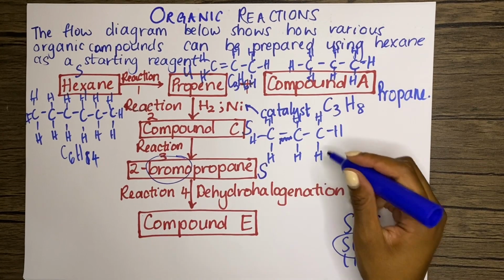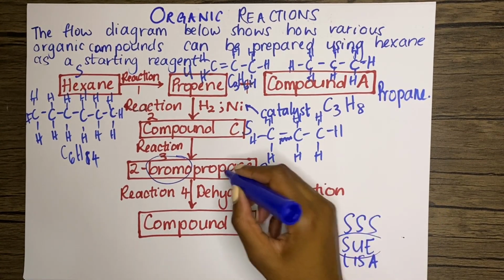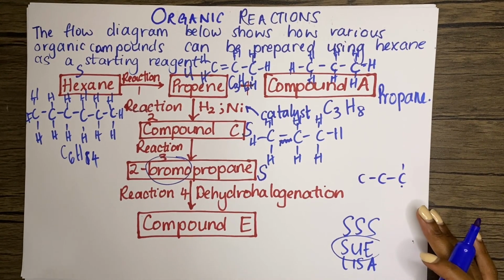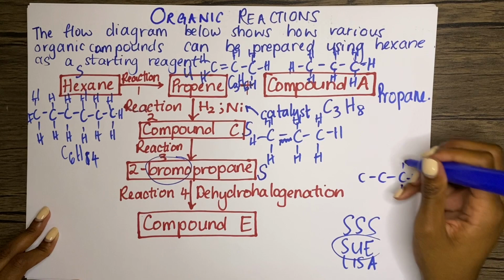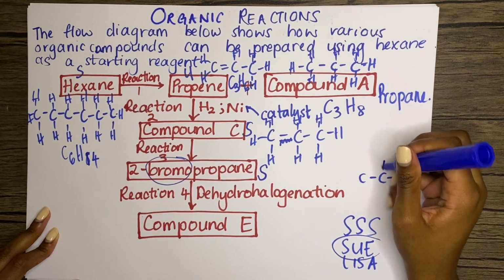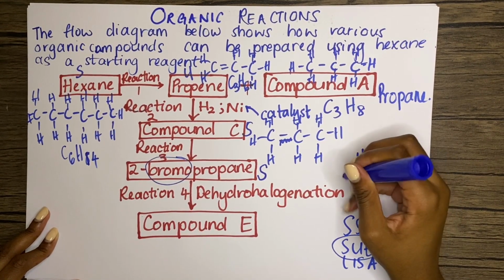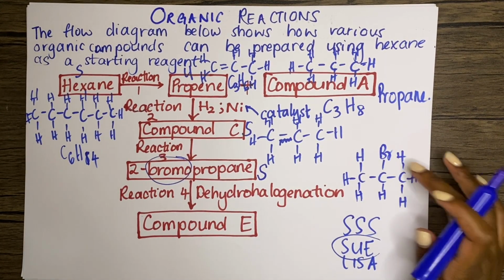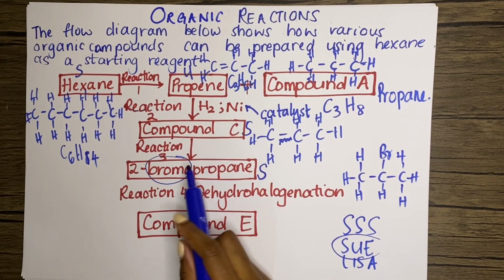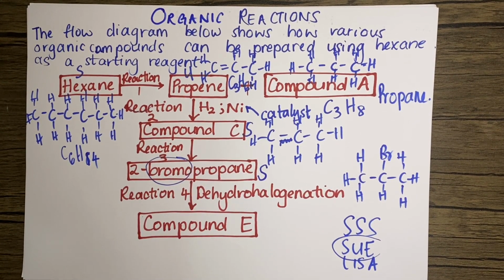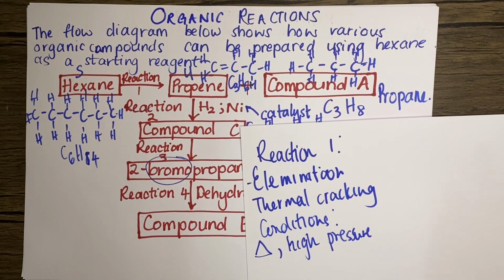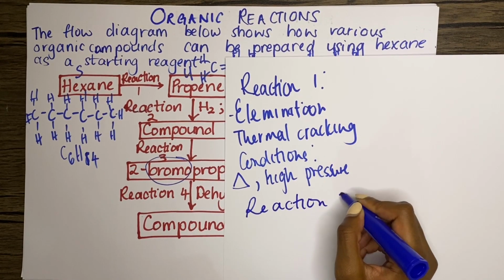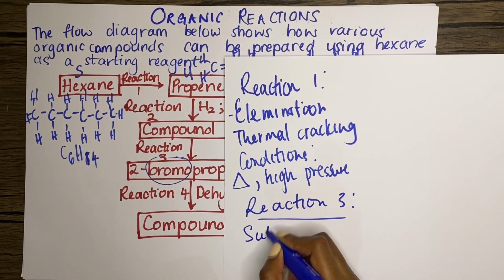So if I was to draw the structural formula of 2-bromopropane, it would look like this. Right? So this hydrogen has been substituted for a Br. So this is a substitution, the type of reaction, reaction 2, or rather reaction 3.